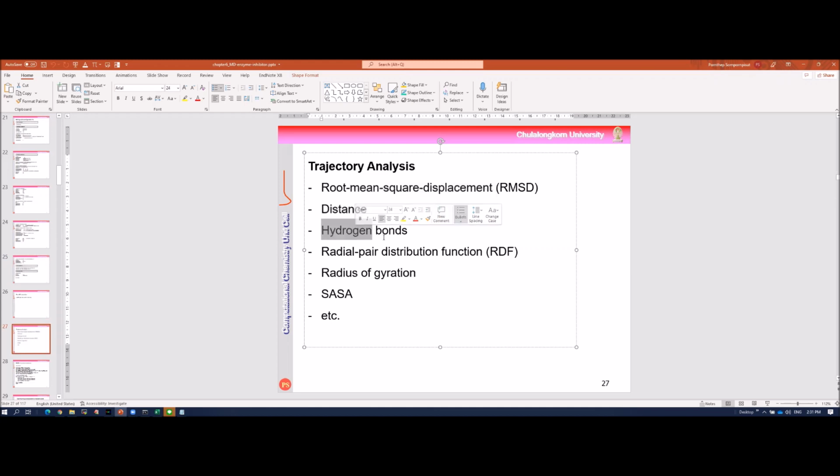We analyze hydrogen bonds, or we want to know the solvation structure of the system by plotting the radial pair distribution function. Maybe we want to know about the shape of the molecule by calculating the radius of gyration, or solvent accessible surface area, and so many properties depending on what kind of analysis.